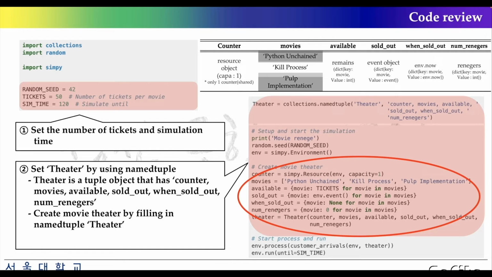And also the reneges with respect to each movie will be saved in this dictionary variable. And finally, the theater variable is created here with the predefined resource, the array variable, and four dictionary variables.